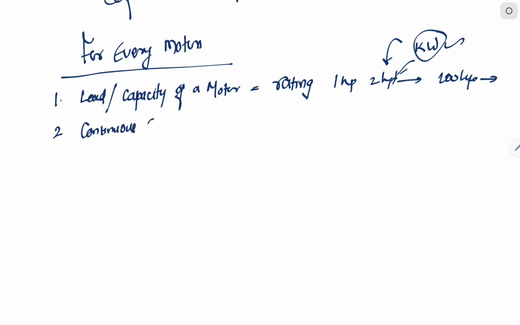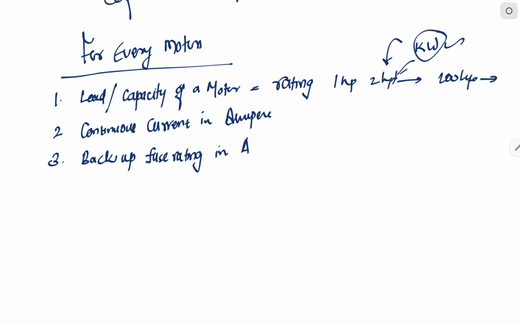continuous current rating. That means how much current the motor takes during the running time, in ampere. Then third one, backup fuse rating in ampere. The fourth one, cable size.